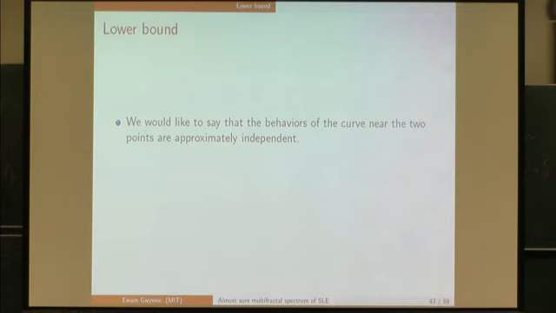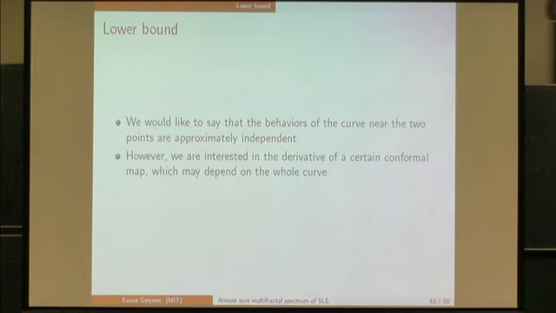And we'd like to say that the behavior of the derivatives near these 2 points are approximately independent. But unfortunately, this is not quite the case because we're interested in a conformal map which depends on the whole curve. So little fluctuations in the curve near z could have an effect on the whole conformal map, and this could mess things up near w. So you don't get approximate independence just using this setup.